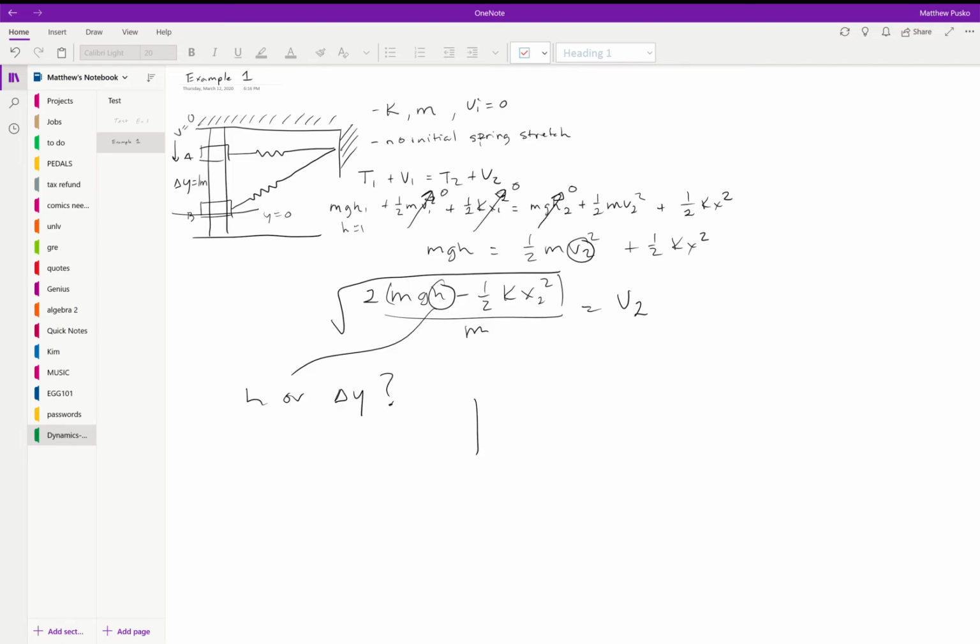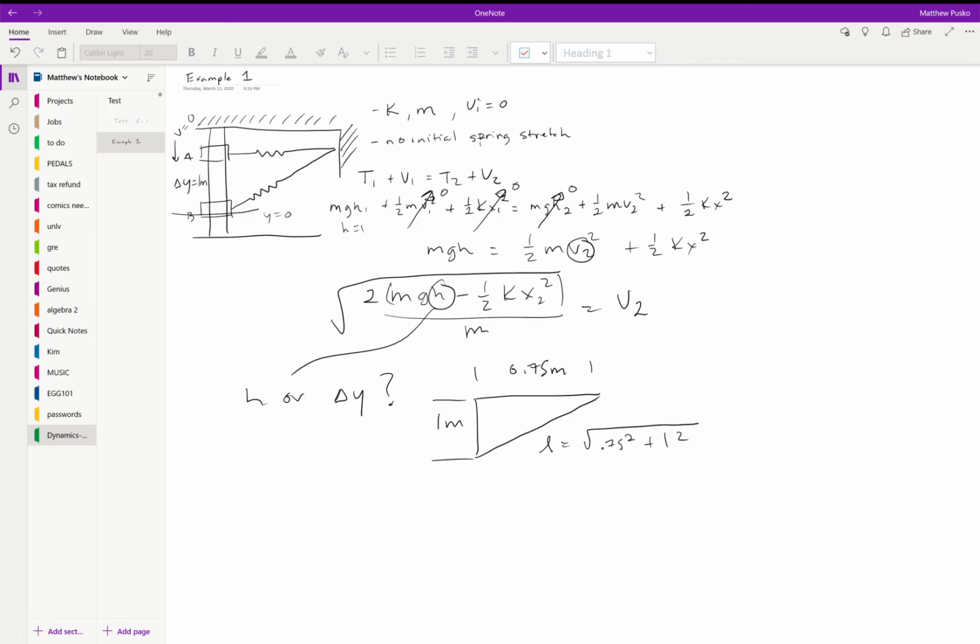Well, let's do geometry. We were given that, well, I didn't write it before, but we were given that this was some 0.75 meters. It dropped down some 1 meter, so we can say that this length L is equal to the square root of 0.75 squared plus 1 squared. But that's not the spring stretch.